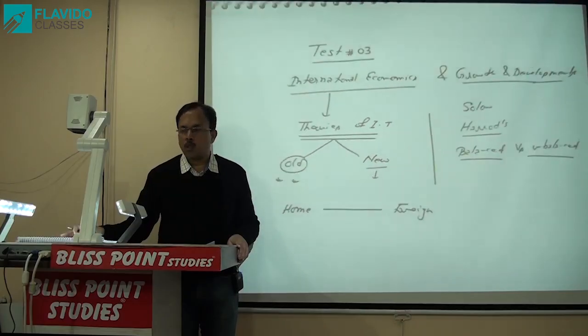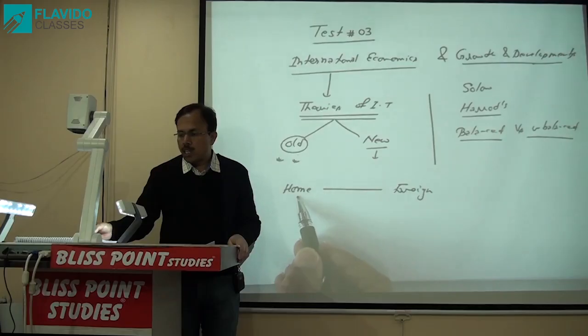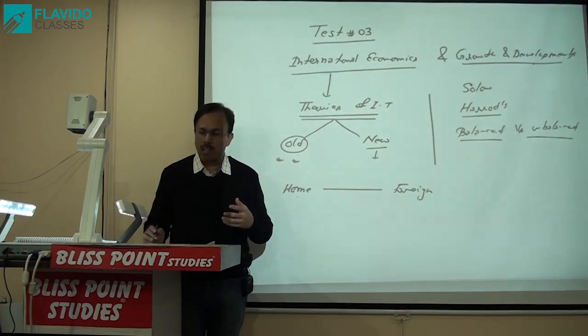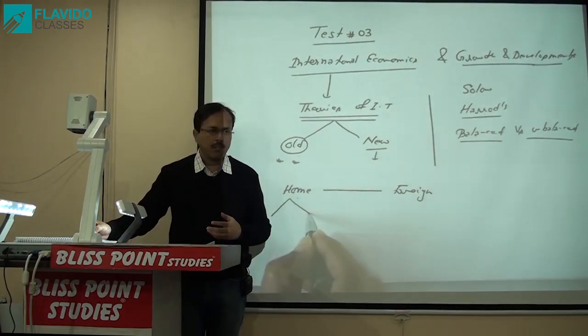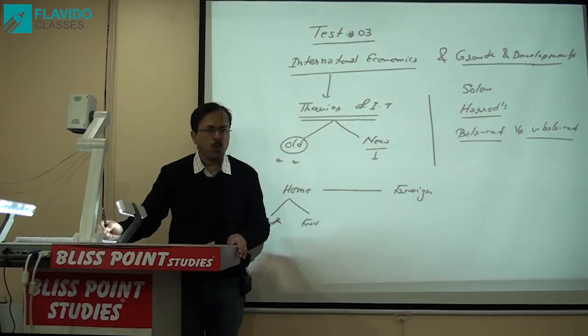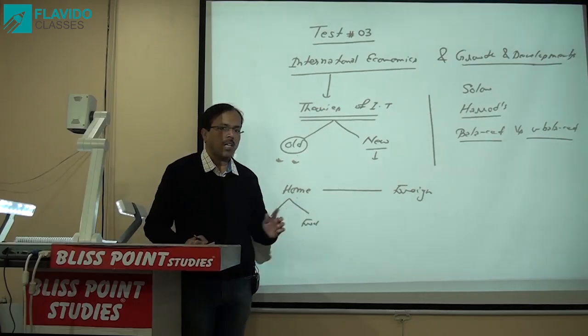That means factors of production are not moving from one country to the other. Factors of production are freely mobile within one country. Within one country, labor can move from cloth to food or food to cloth, but labor cannot move from the home country to the other country.